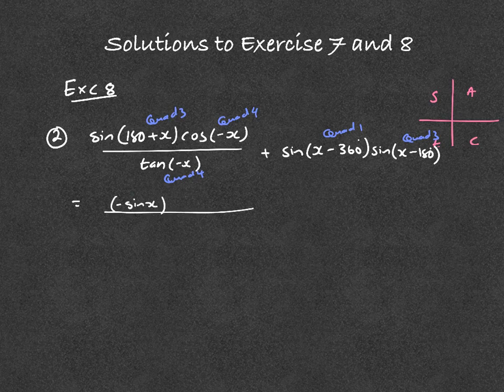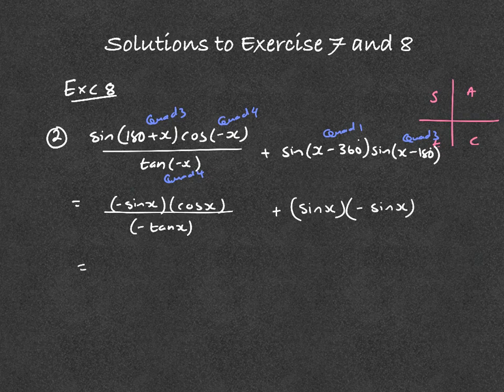So we've got minus sine x. Sine is negative in the third quadrant. We've got positive cos x. We've got negative tan x. Then we've got plus positive sine x. And then in quadrant 3 there, sine is negative, so it's minus sine x.